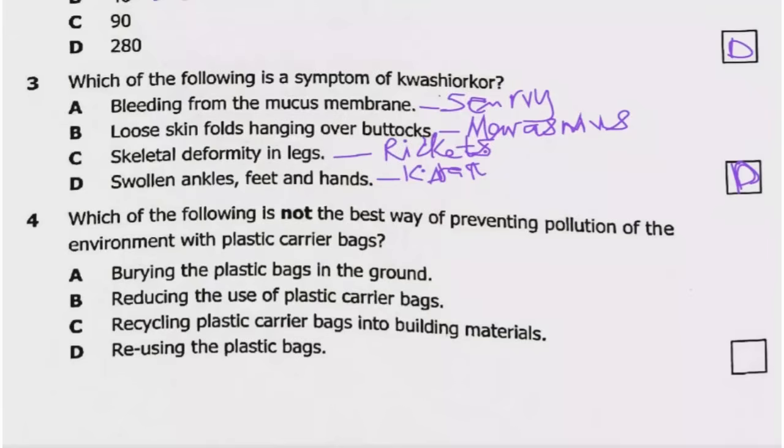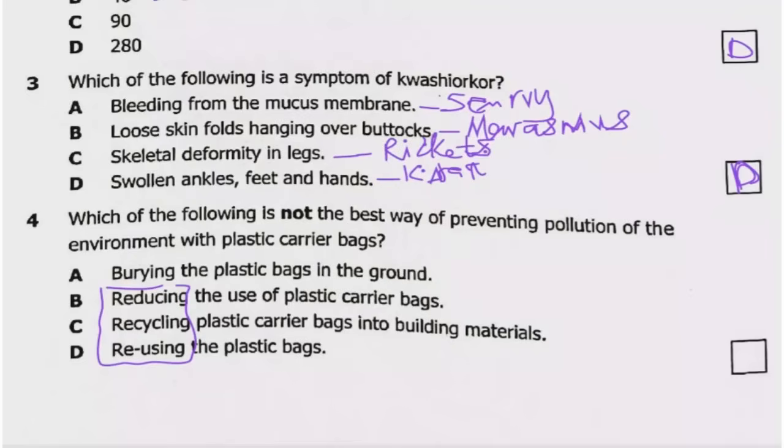So the best way to prevent pollution of the environment with plastic carrier bags is these three words: reduce, recycle, reuse. These three words help us deal with the pollution of the environment with plastic bags.